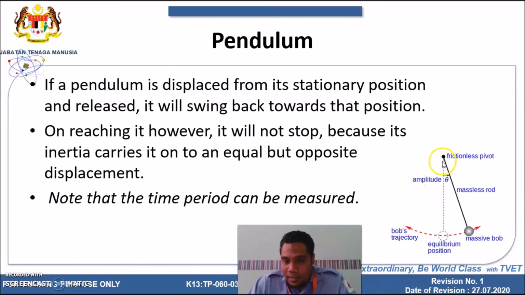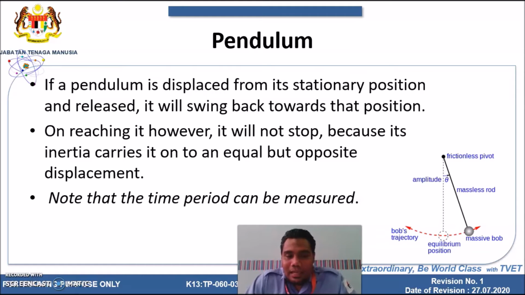We see in this picture, if we displace the pendulum from its original position, for example the original position is at the center, so we pull apart to one position and release it, and then it will swing back to its original position, towards the position. On reaching it, however, it will not stop because its inertia carries it on to an equal but opposite displacement.